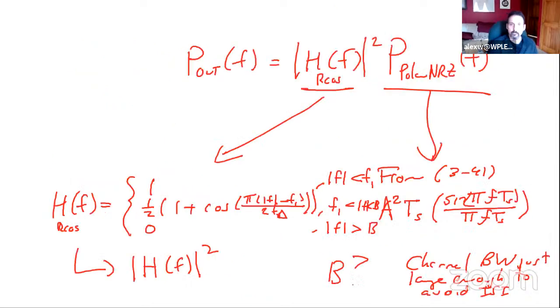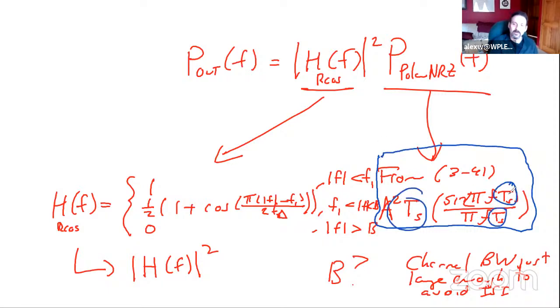Because of this guy. The PSD of the polar non-return to zero pulse shape is defined in terms of the period, so symbol rate or bit rate or whatever.